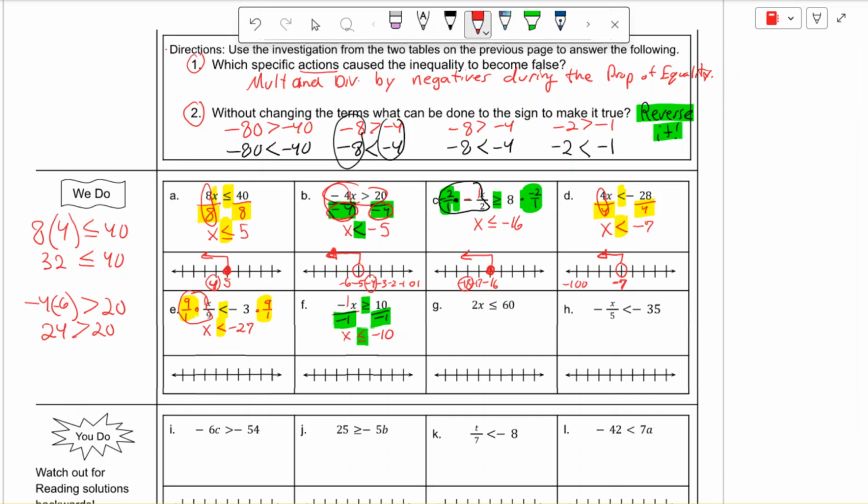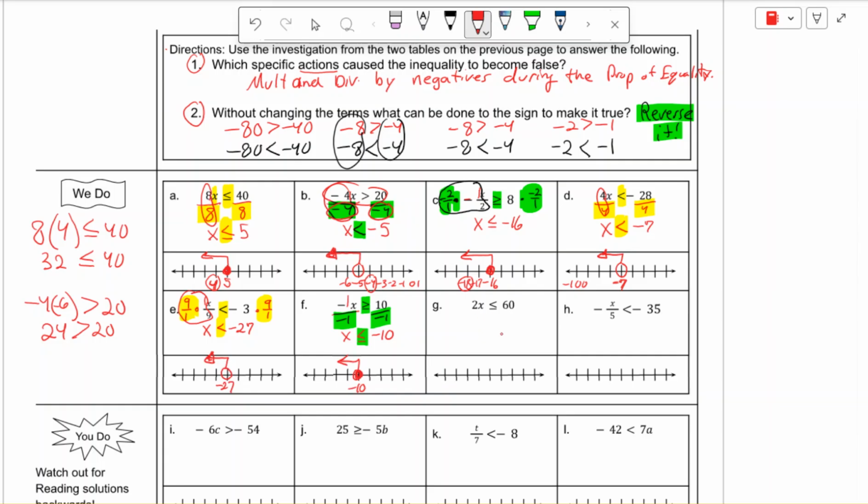I did not graph the last one. Got to do that. Negative 27, open circle, x is less than. We're on a streak of less thans here if you look at our we-dos. And we are not breaking that streak right here. This is a closed point. x is less than or equal to, so it goes to the left.